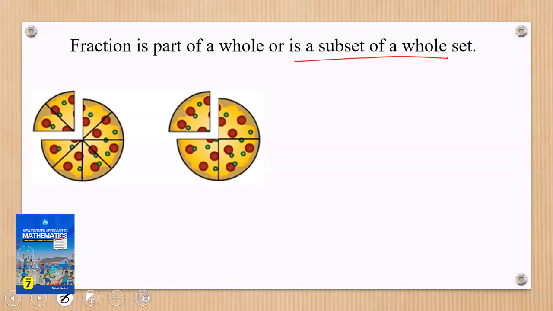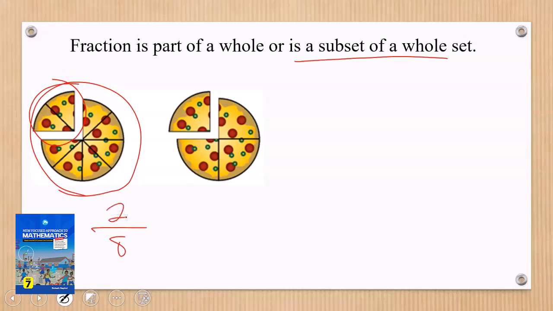Now let me explain. When we say fraction is part of a whole, let's say we have this as a pizza. It has been divided into 8 equal parts, and two parts have been taken. And so the part that has been taken is 2/8.